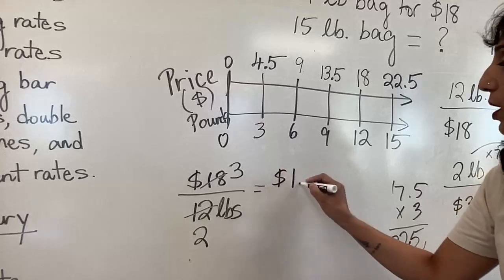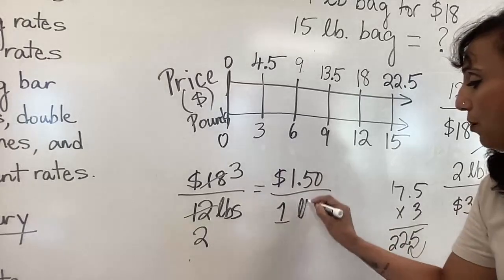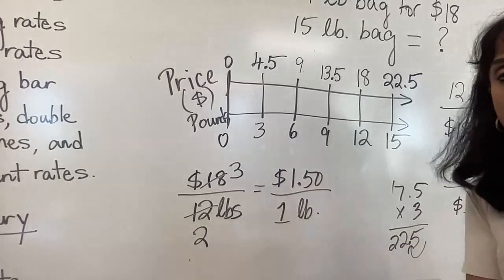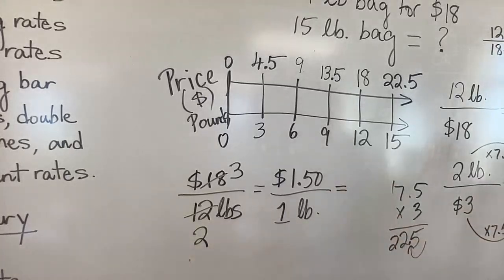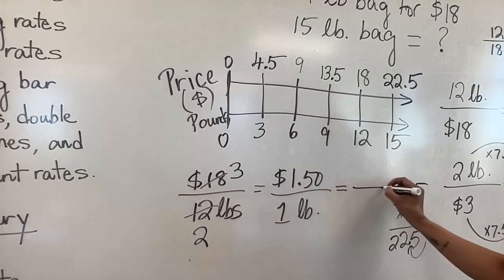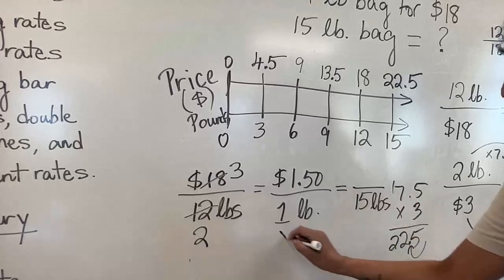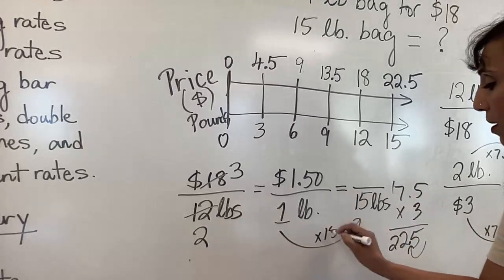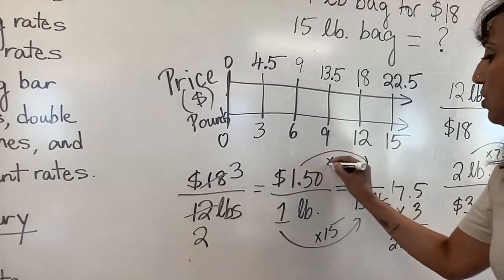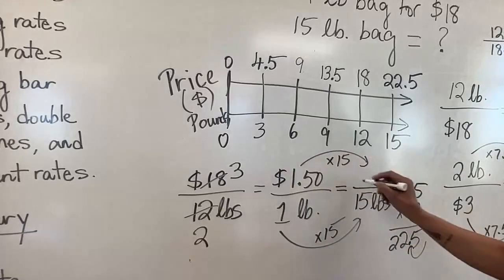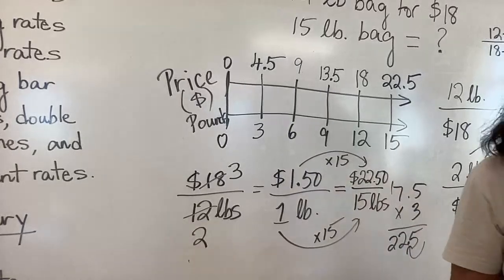It is going to be $1.50 for 1 pound. So for 1 pound, if it's that much, how much if I have 15 pounds? I am going to do 1 times 15. Whatever I do to the denominator, I do the same thing to the numerator, and I get $22.50. We can do cross products.